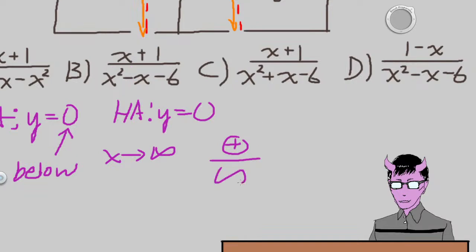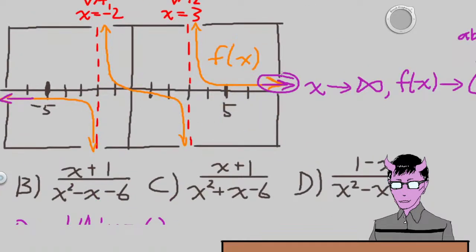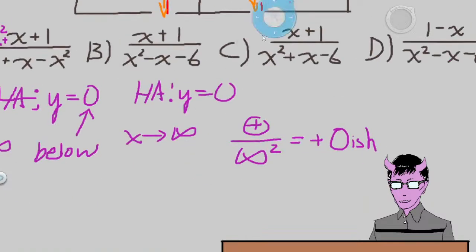So we're going to have a huge number on the bottom, which I will represent using this thing, and then we have a squared on the bottom. So this whole thing is going to be positive, but it will be close to 0. So I'm going to write it like this, positive 0-ish, which is consistent with what we're given right there.